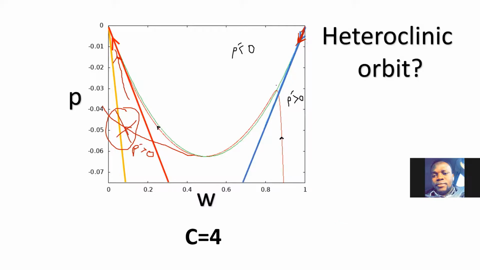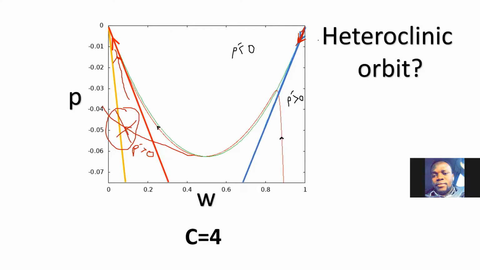So now, what's the tool that ensures that there exists a trajectory? There is a question on the chat, and I'm answering that: why heteroclinic? Because we are going to prove that there's a trajectory that starts from 1, 0, which is a fixed point, and goes to 0, 0, which is another fixed point.